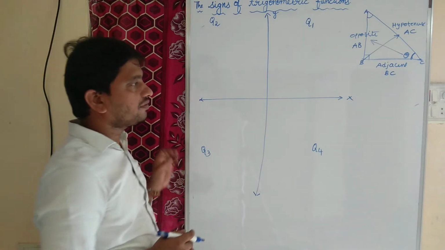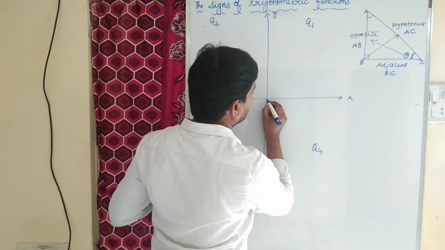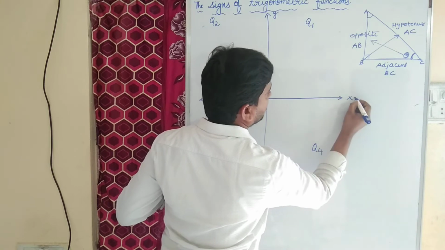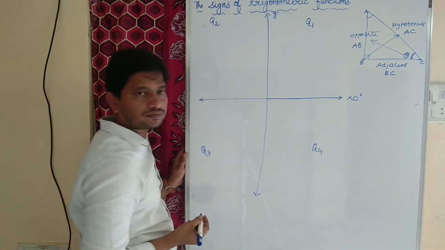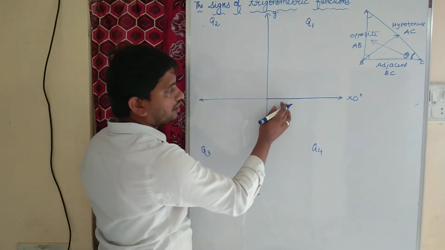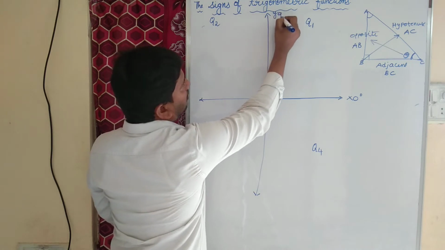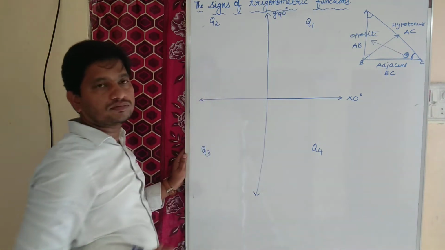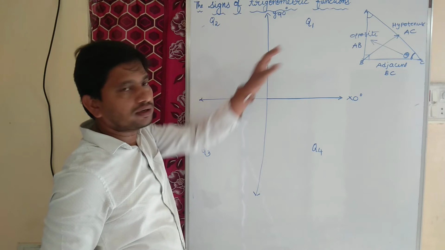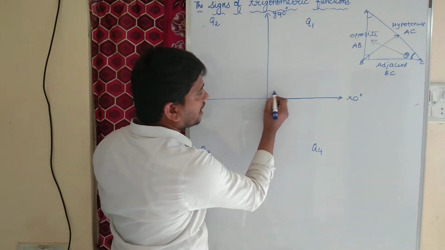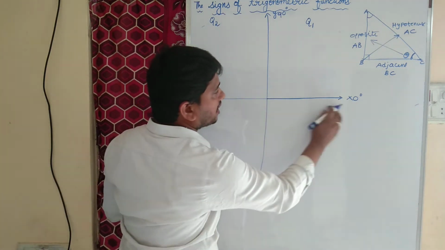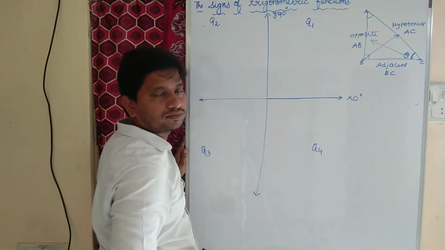Children, in coordinate 1, actually this is our x-axis, this is our 0 degree and this is our 90 degree. In coordinate 1, the angle forms because this is one ray and this is the final ray.